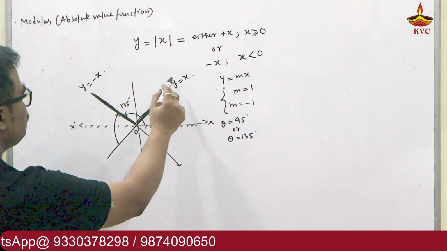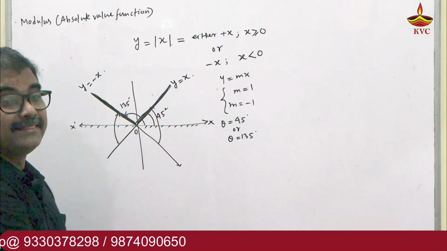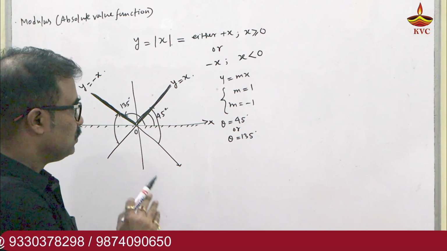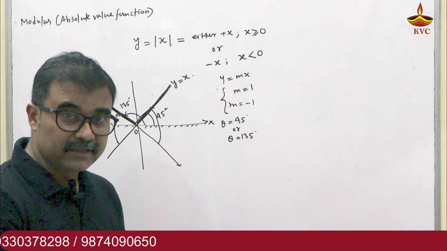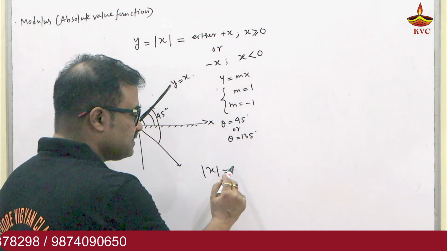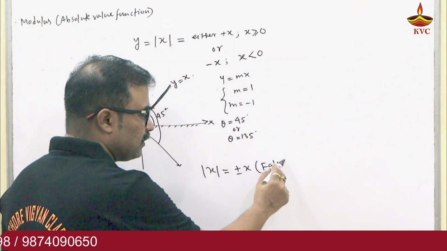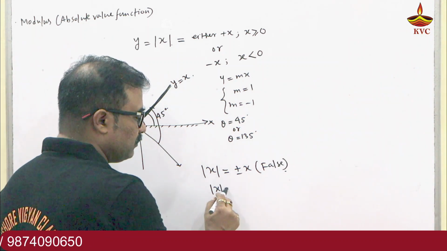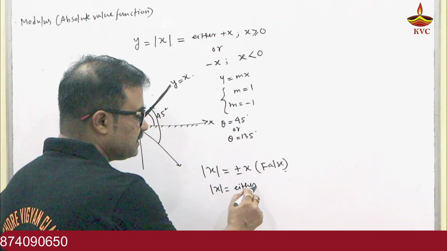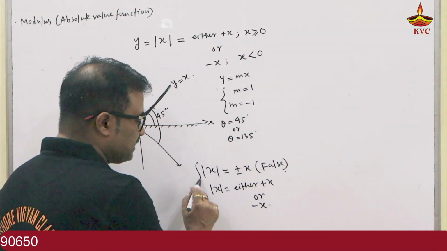So y equals x and y equals minus x can also be visible in that fashion. So that's how it goes. One important thing: mod x is not plus minus x, that is false. Mod x equals either plus x or minus x. That's how it goes.